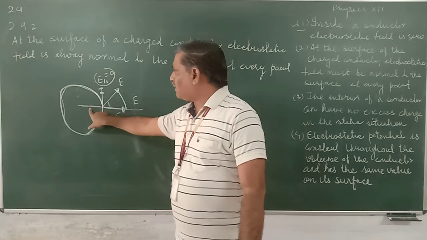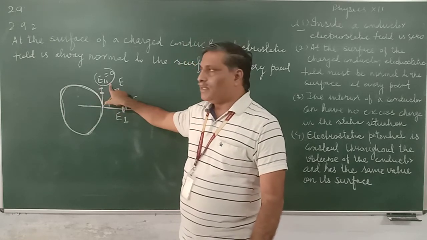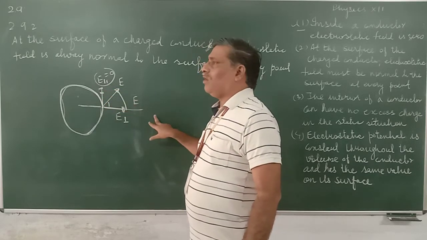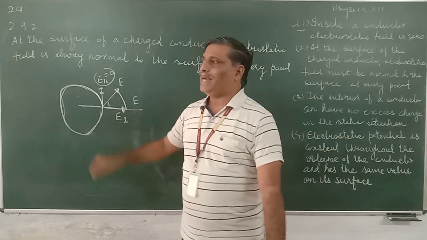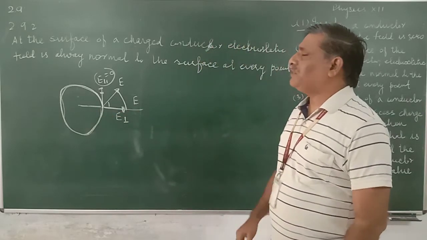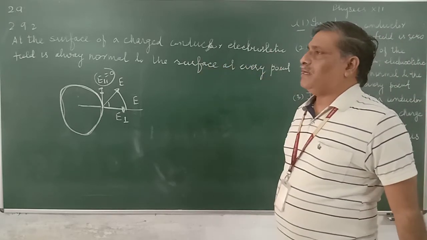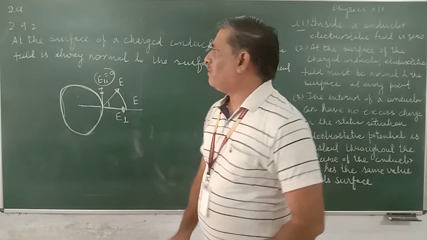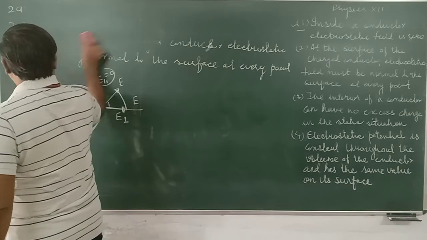If the charges are stationary, it means that E parallel is 0. It also indicates that the total E is along the radial direction, which is normal to the surface. So at every point at the surface of a charged conductor, the electrostatic field is always normal to the surface. This is the second point we have discussed. Let us come to the third point.